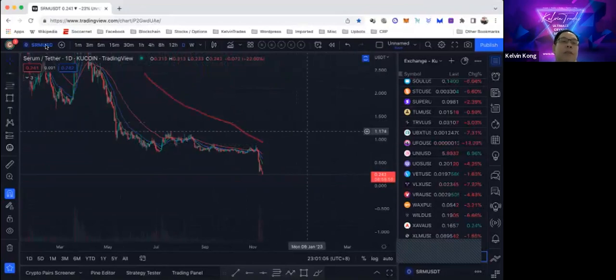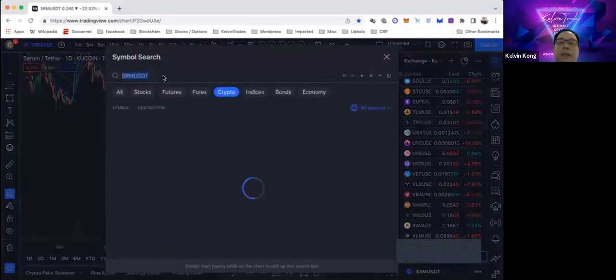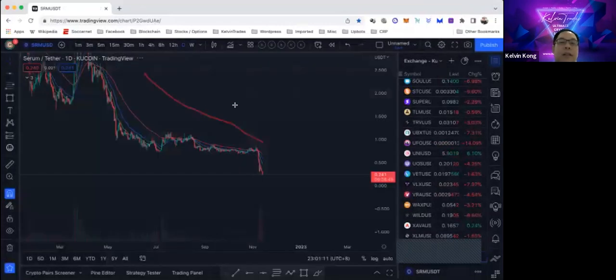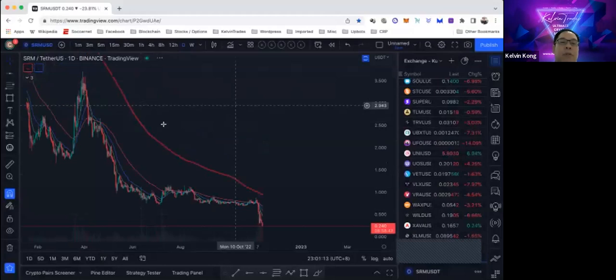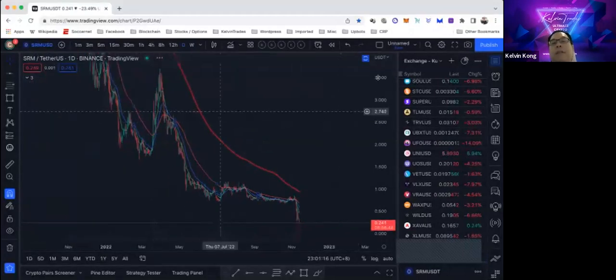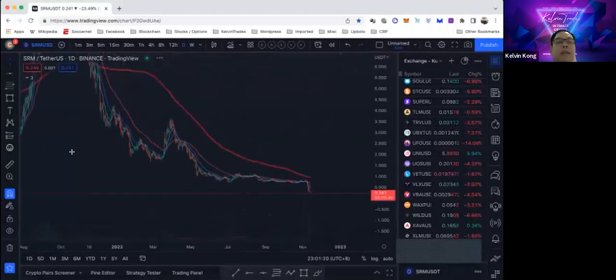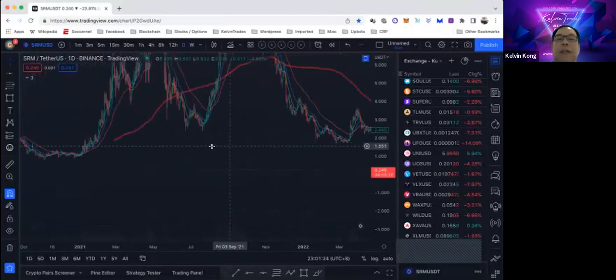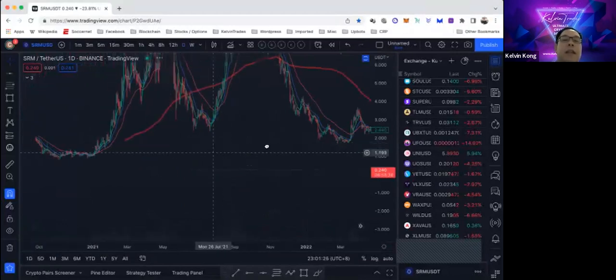Okay, wait, let me try Binance, see whether it has more data. Also don't have. Oh, it has. Okay, where are you?